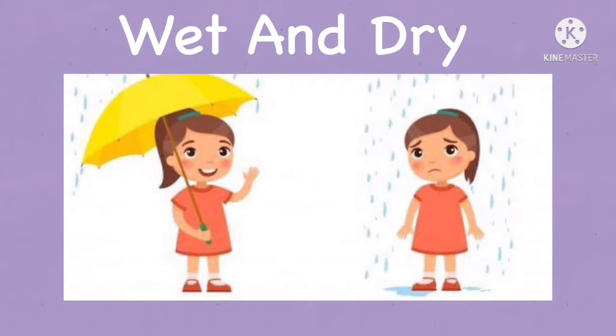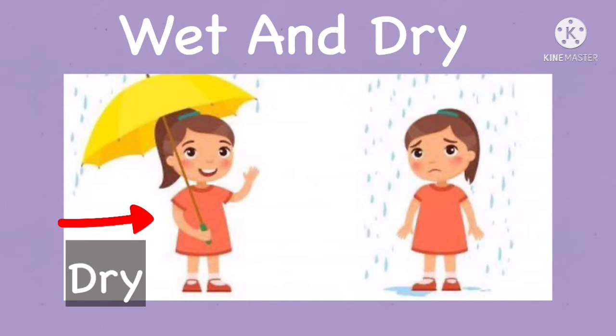Look at this picture. It is raining, but the girl who is holding an umbrella is not wet. She is dry. Why? Because she is using an umbrella to prevent herself from getting wet in the rain.